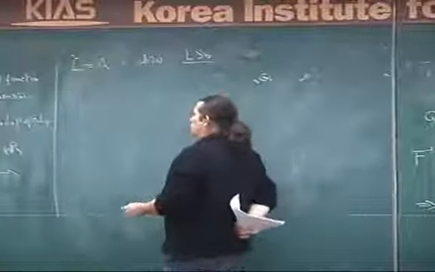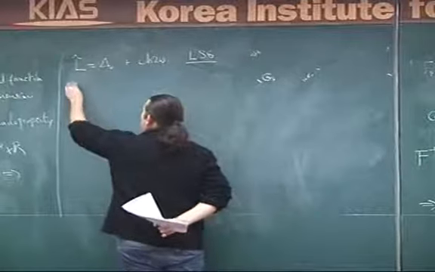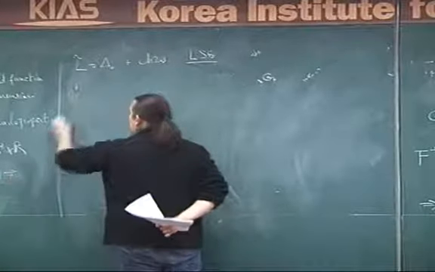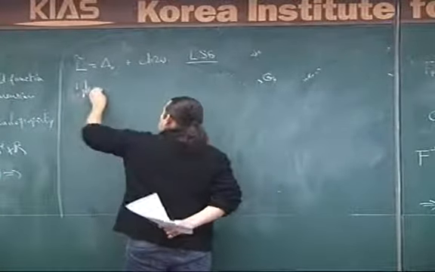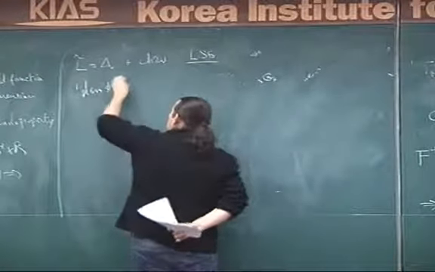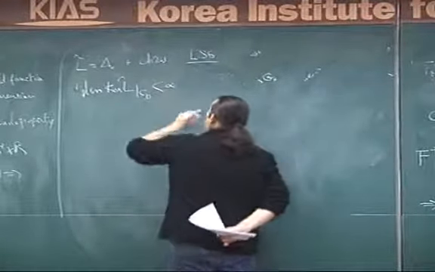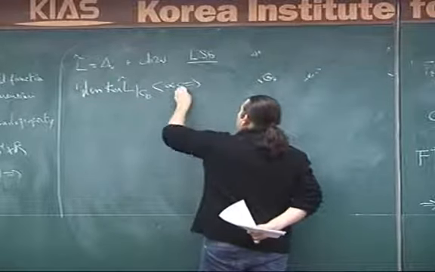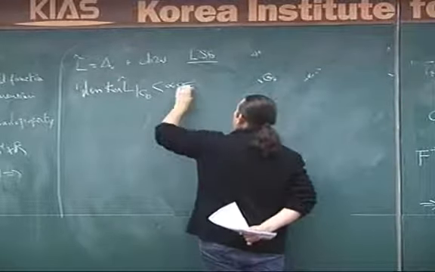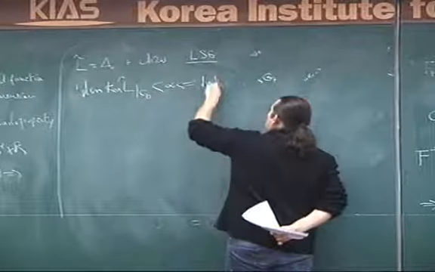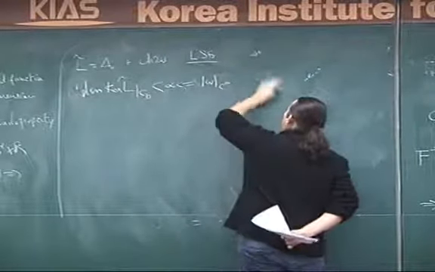Then to prove that L tilde is bounded, we need omega to be bounded in C0 norm.